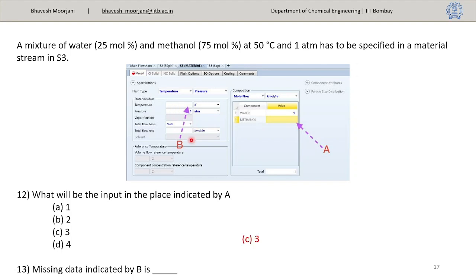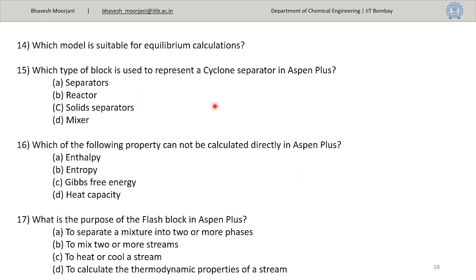And this missing data, the temperature value, what should it be? It's simple, 50 degrees Celsius. But we have to put it in Kelvin, so unit also will matter, right? It's 323.15 Kelvin. Now, which model is suitable for equilibrium calculation?